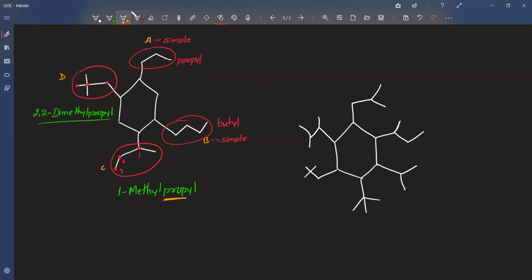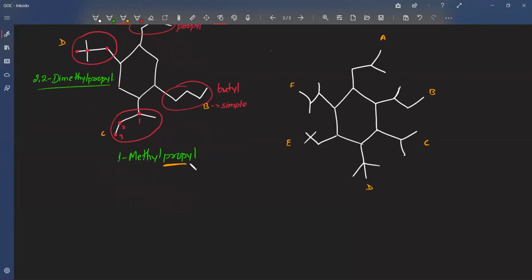Let's say this is A, B, C, D, E, and F. I think one thing is very clear, that all these substituents are complex ones. None of them are simple ones.